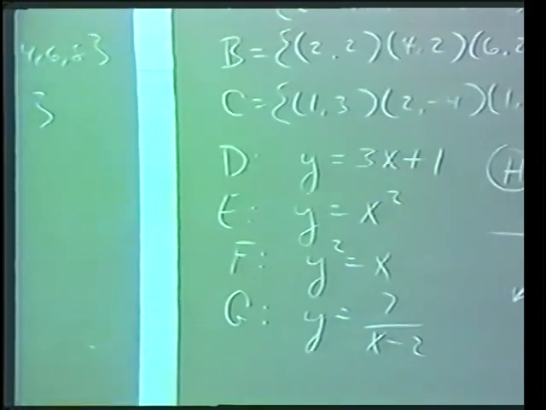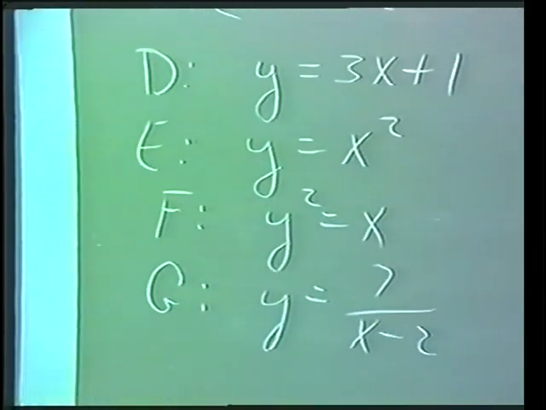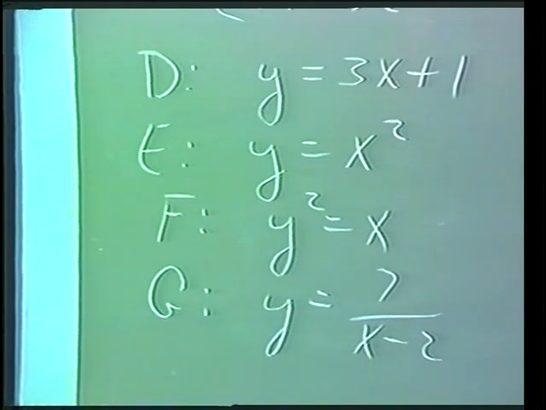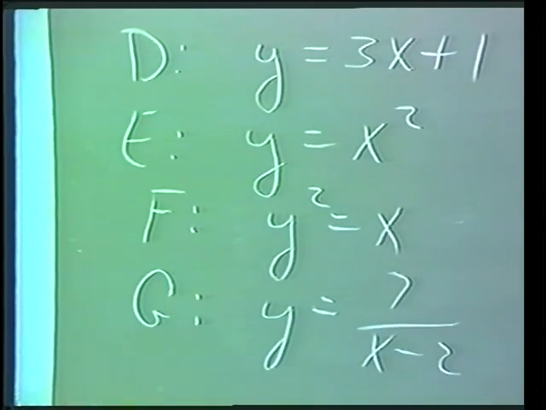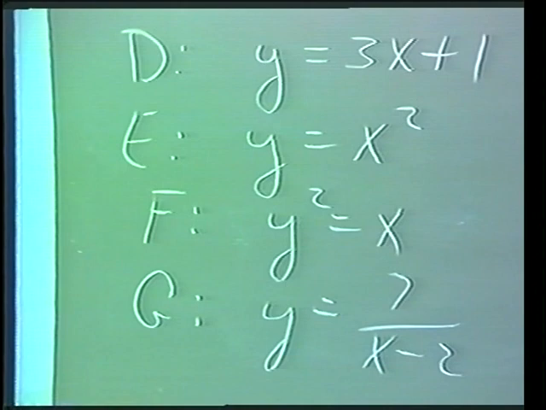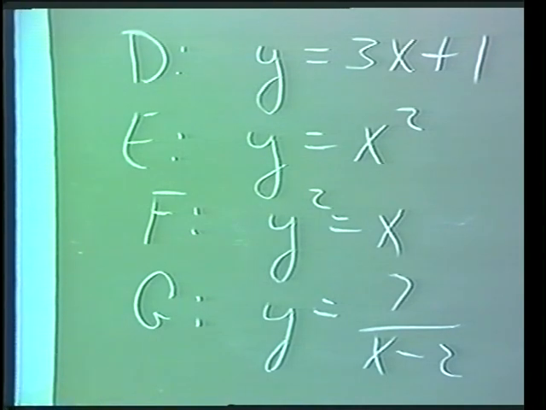E. What would the range of E be? The domain was the set of all reals. When I plug in all these real numbers for x, what am I going to get for y? All the numbers greater than 0.